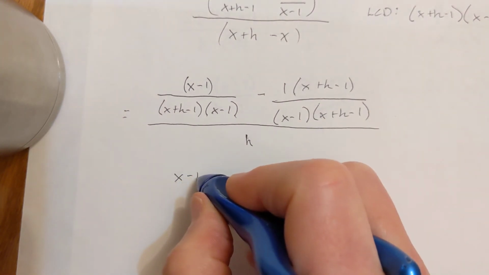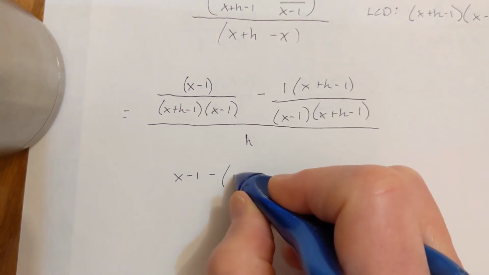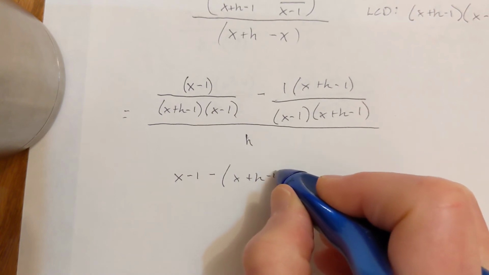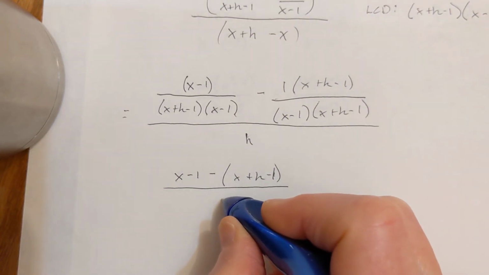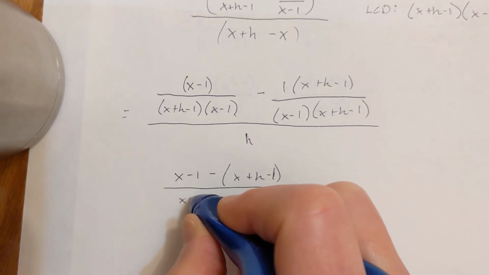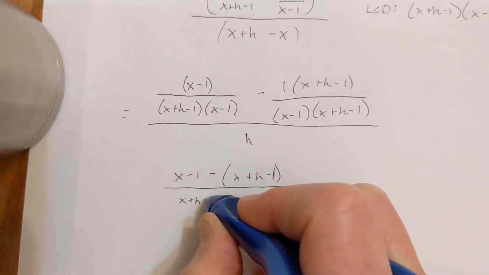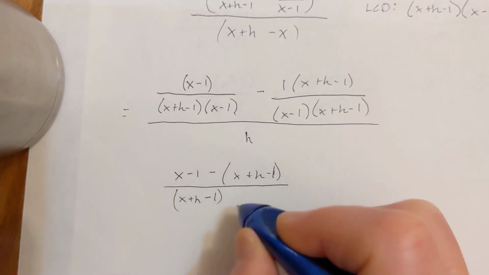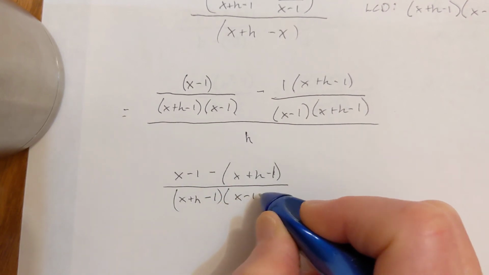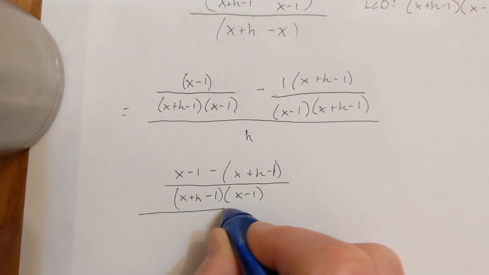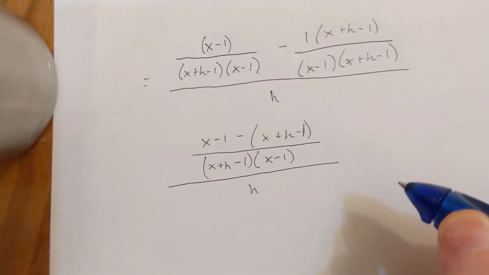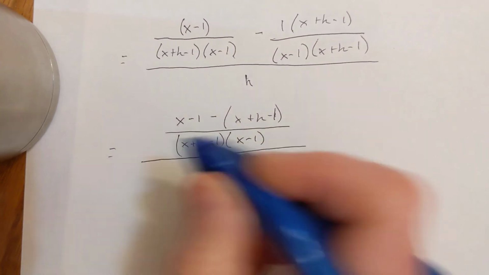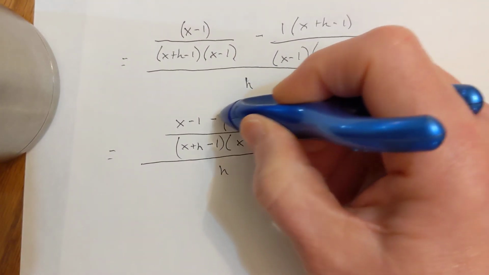x minus 1 minus the quantity x plus h minus 1, all over x plus h minus 1 times x minus 1, all over h. Distribute my negative.